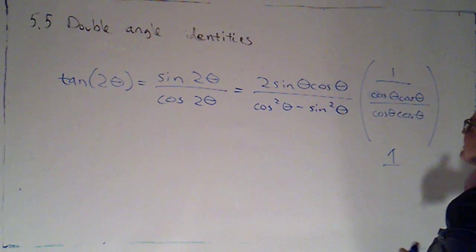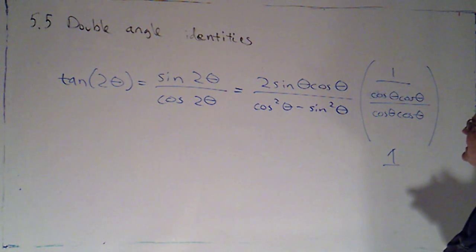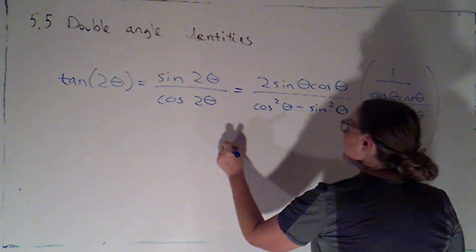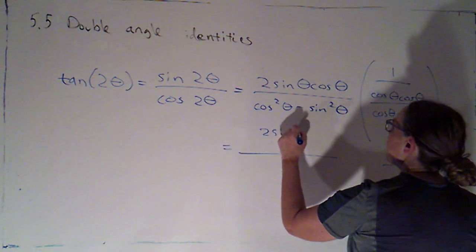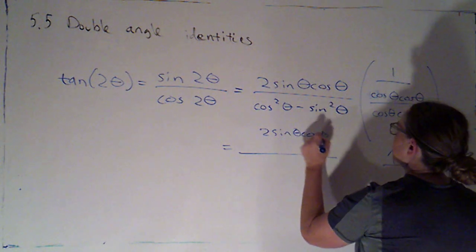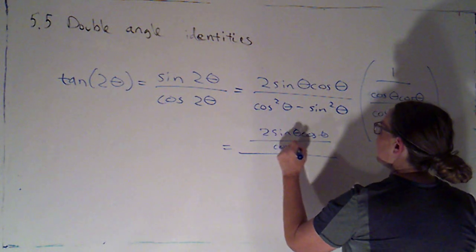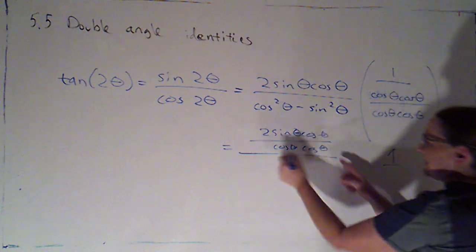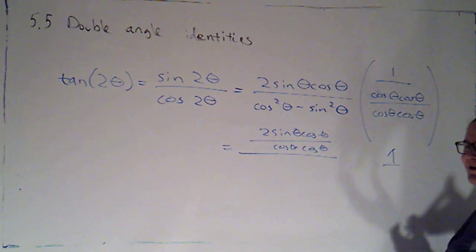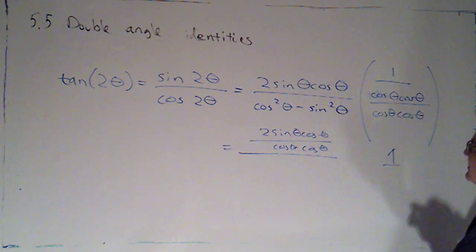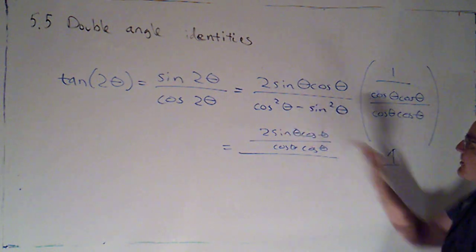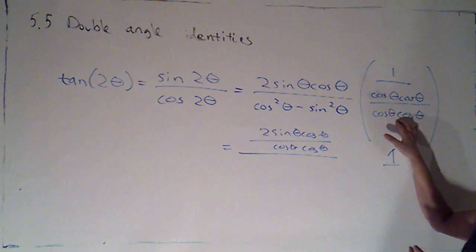I chose to write it as cosine times cosine. Okay. All right. So if I do that, on top, I've got 2 sine theta cosine theta over cosine theta cosine theta. That's sort of why I wrote it as cosine times cosine rather than cosine squared. So I could sort of pair one up with the sine and one with the cosine. Okay. Down on the bottom, I think I'm going to switch to writing that as cosine squared.